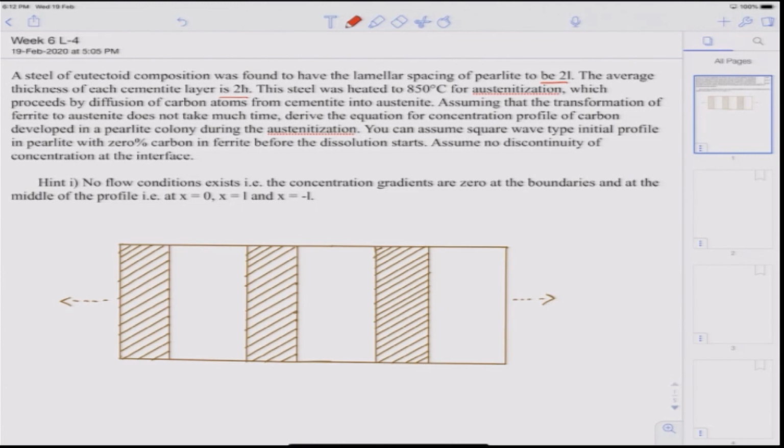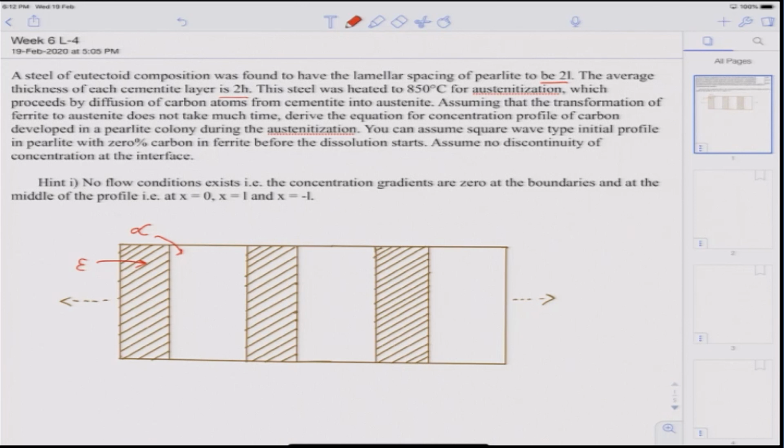So, we have a eutectoid steel here. The eutectoid microstructure is basically composed of alternate layers of ferrite and cementite, which is shown in this figure. In this figure, the hatched area is a cementite layer and the other layer is the ferrite layer.